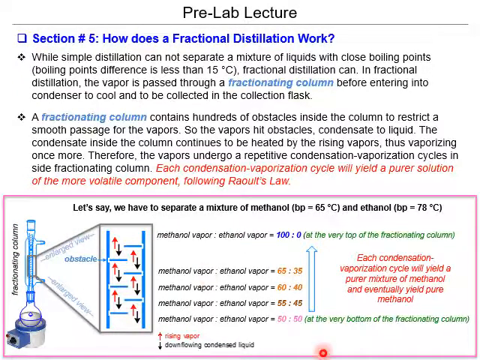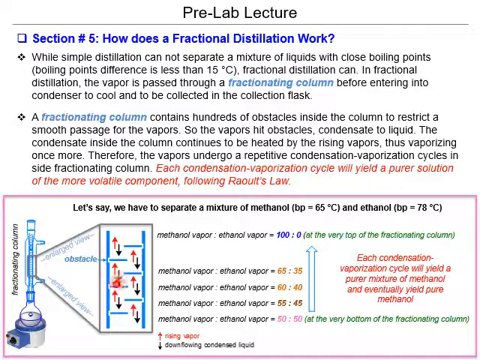So this is a good image that shows it. Methanol and ethanol have very similar boiling points, but as it's entering the fractionating column at a 50-50 ratio, the methanol, which has the lower boiling point, starts increasing in concentration as you go up the fractionating column, because there's several rounds of simple distillation.